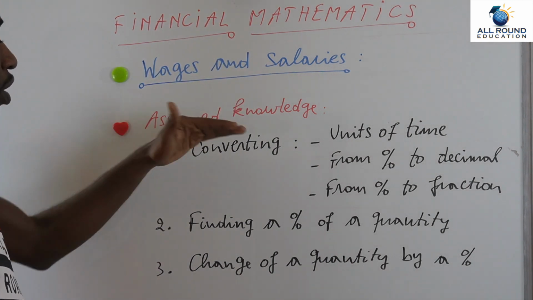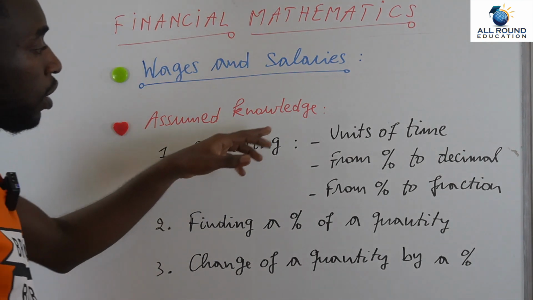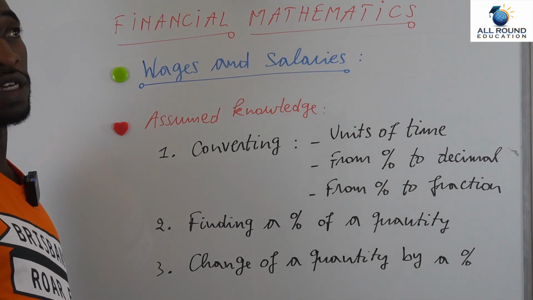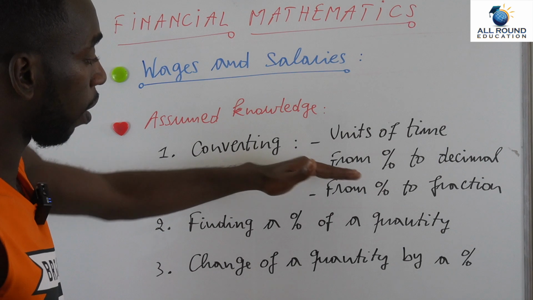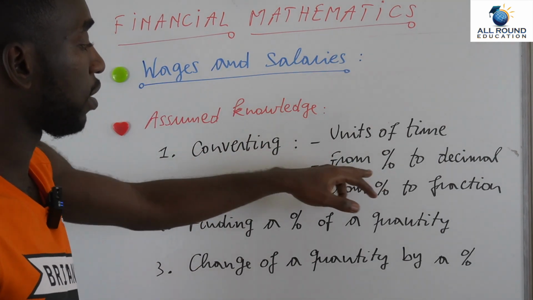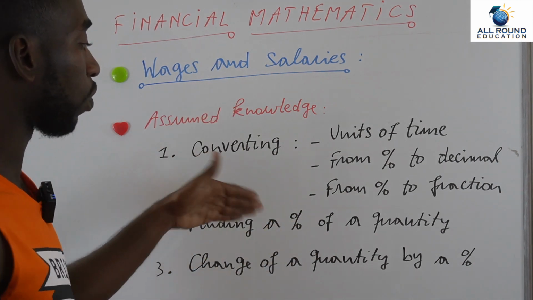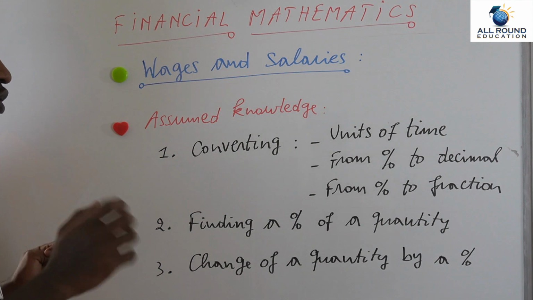My assumed knowledge is how to convert units of time: years, months, weeks, fortnights, all those things. Also how to convert a percentage to a decimal, and a percentage to a fraction. Those are things I'm assuming you already know by now.